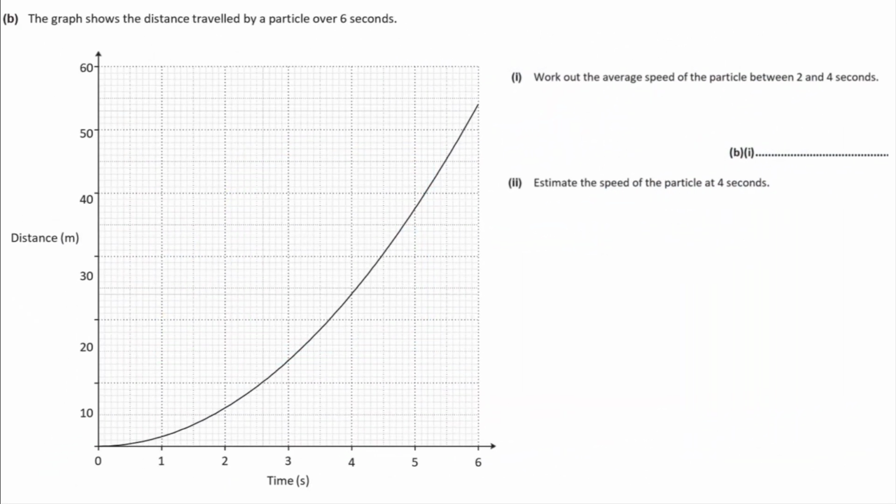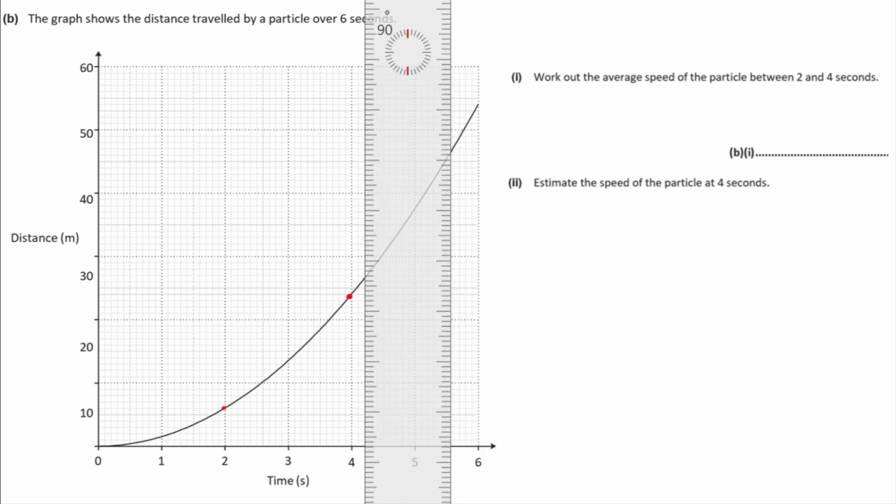Part B says the graph shows the distance travelled by a particle over 6 seconds. Now this is a distance-time graph this time, and we need to work out the average speed of the particle between 2 and 4 seconds. Let's look at our graph. 2 is here, 4 is here. So the average speed is distance travelled divided by time taken.